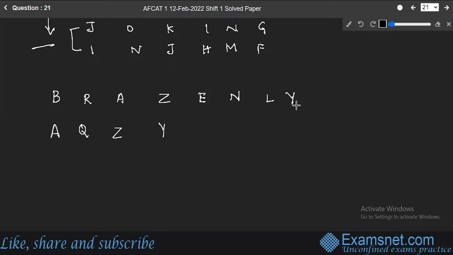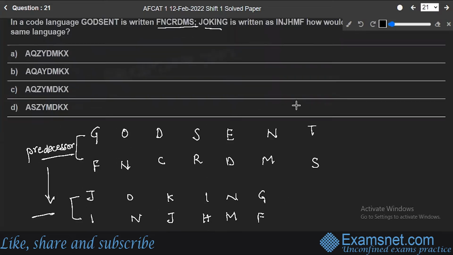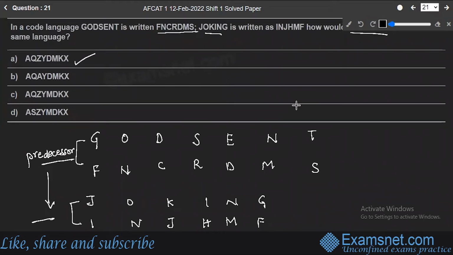Then you have a Y, then D, M, K, X. So it's A, Q, Z, Y, D, M, K, X. Option A is the one which goes exactly with the answer that we got, right?